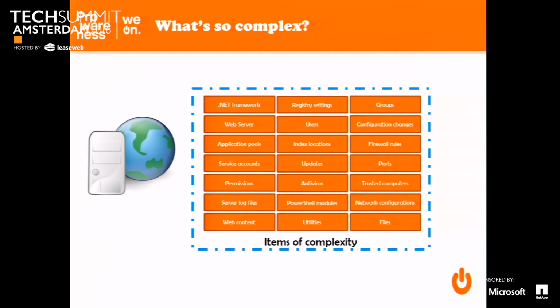And these are normally small changes applied to the server which are not documented. You open some ports, you apply some updates, you install some patches on the server, which is never documented. These are actually the items of complexity of the system, and you cannot reproduce them manually after some point of time.